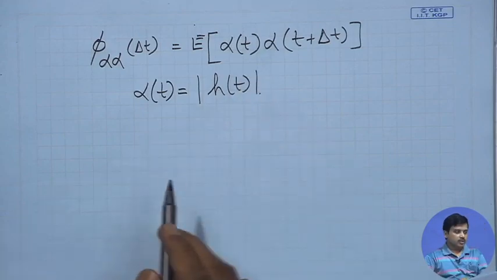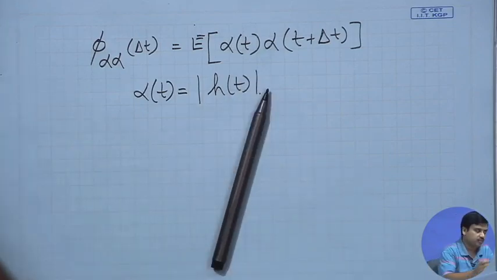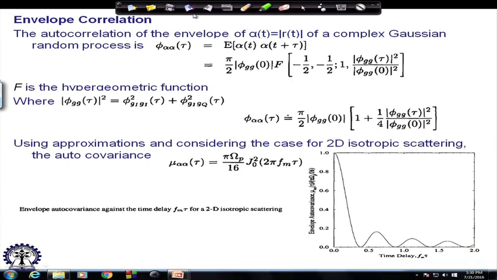Okay. So, the result that we have is what we are going to share with you over here. Again, the derivation is cumbersome, so we would not go through that. If you want, you can go through it. Now, these results are taken from Stuber. I have used the descriptions from Stuber.